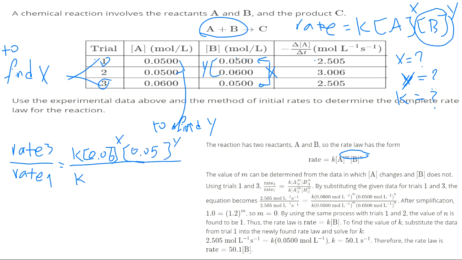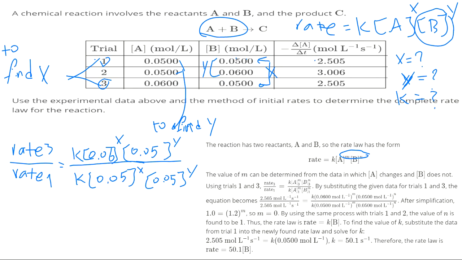Then for trial 1, K, concentration of 0.05 to the X, and the concentration for B is 0.05 to the Y. So you have a ratio of rate 3 to rate 1, and then you have this fraction.